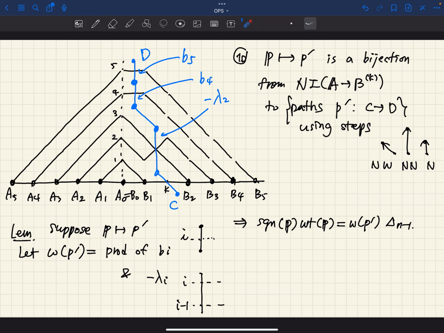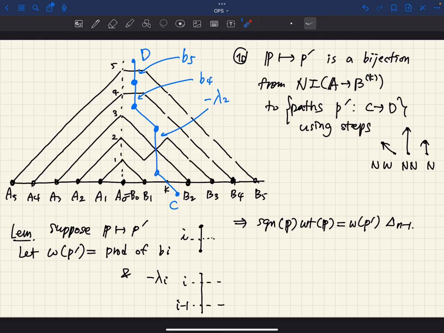We have weight for every down step. So here, if we have all the down steps, all possible down steps, we would have weight lambda 1 to the n minus 1. But that's not the case because something is missing.